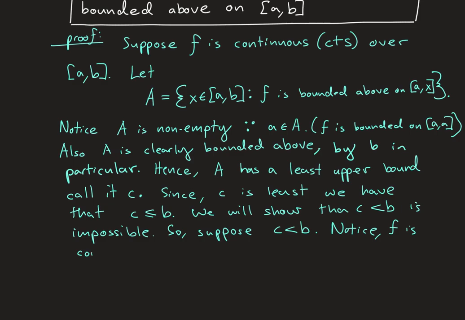Okay, so C is less than B, so notice F is continuous at C. And therefore, well, you know what? Before I do this, I'm actually going to do something first.